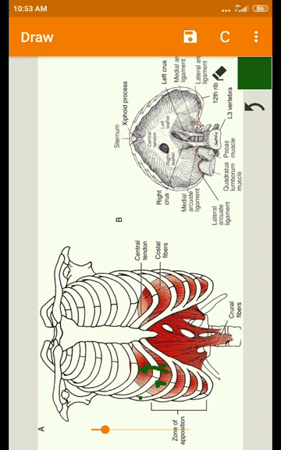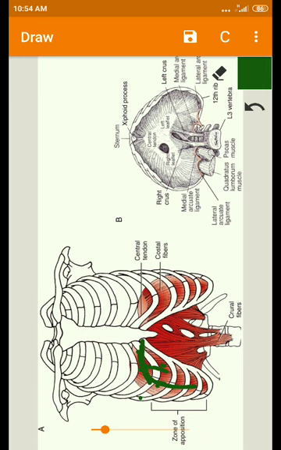They run vertically from their origin in close opposition to the rib cage, and then these muscle fibers curve. After going vertically upwards, they curve and become horizontal before inserting into the central tendon.